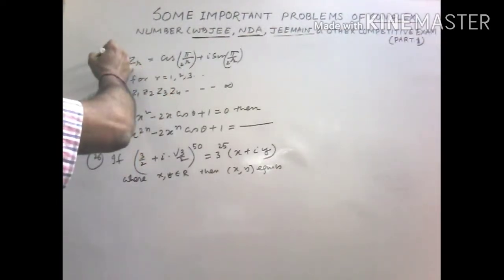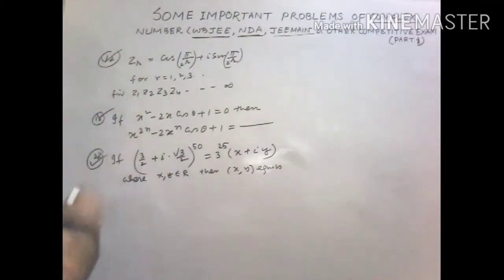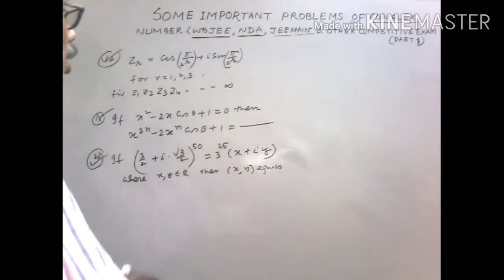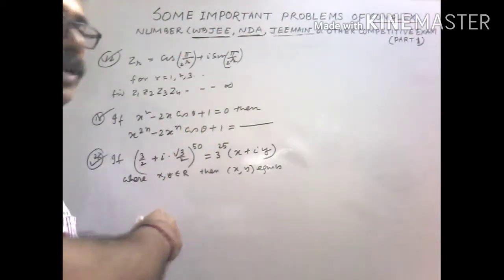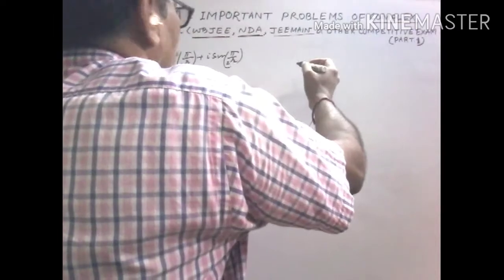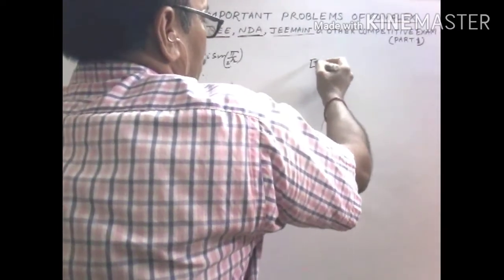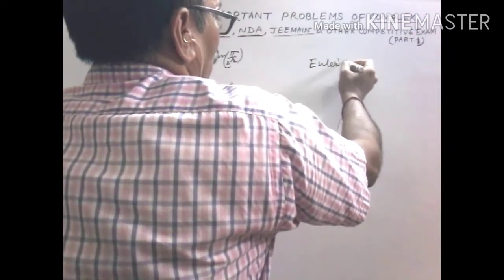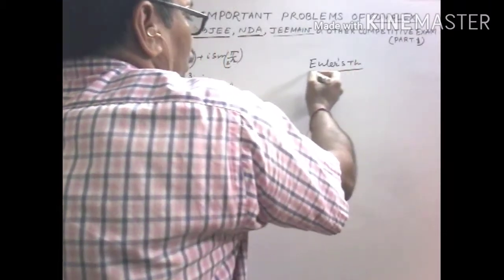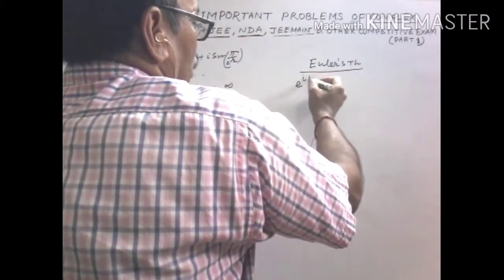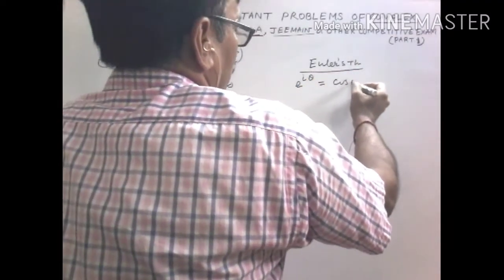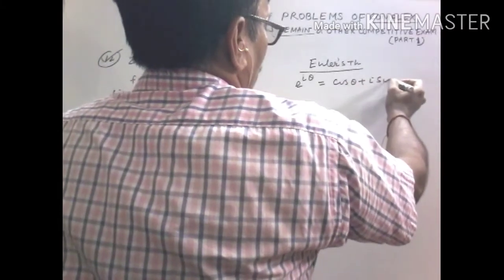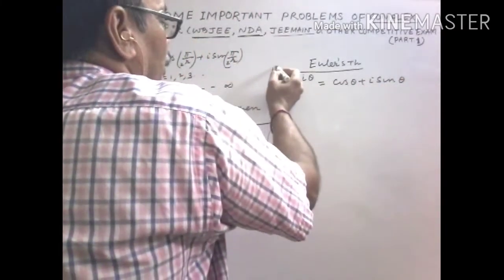So see the description table, 12, 16 and 26. To solve this type of problem, we need the idea of two theorems. Euler's theorem. So look, try to recall. You know it, e to the power i theta equals cos theta plus i sin theta.